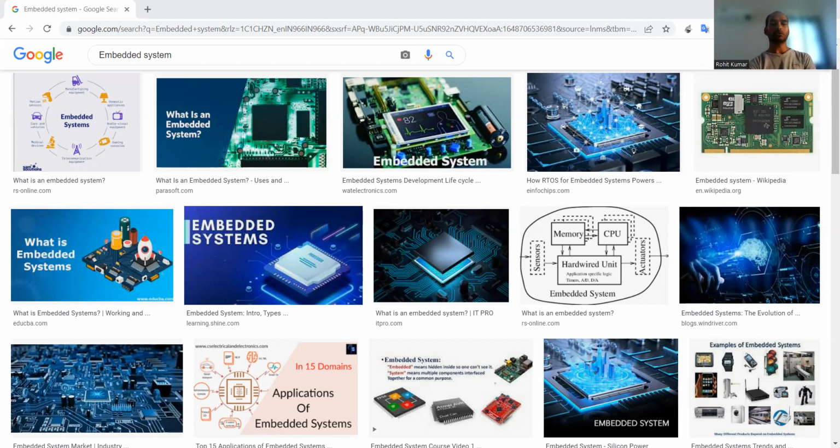If you are a designer you can design a specific type; if you are just a user, you need to look for the suitable kind and go for that specific type of embedded system.